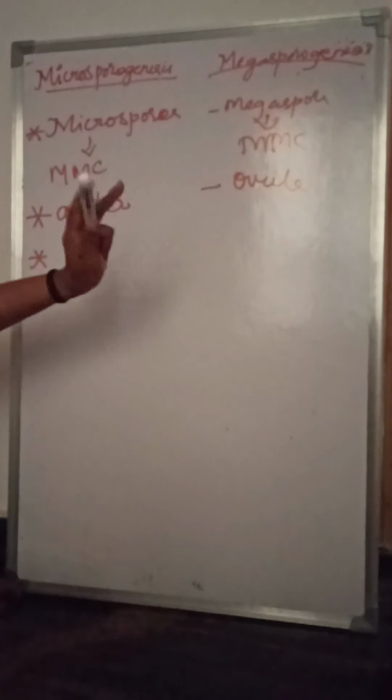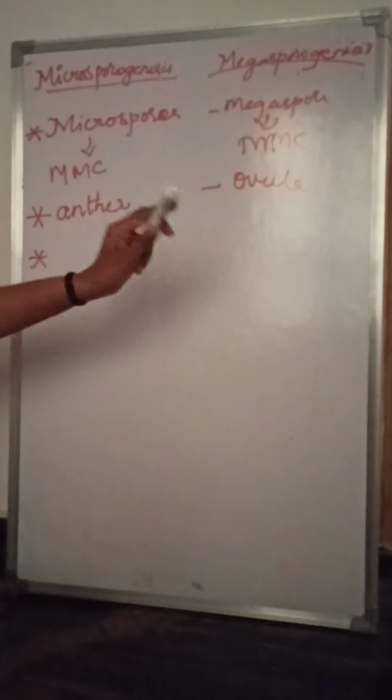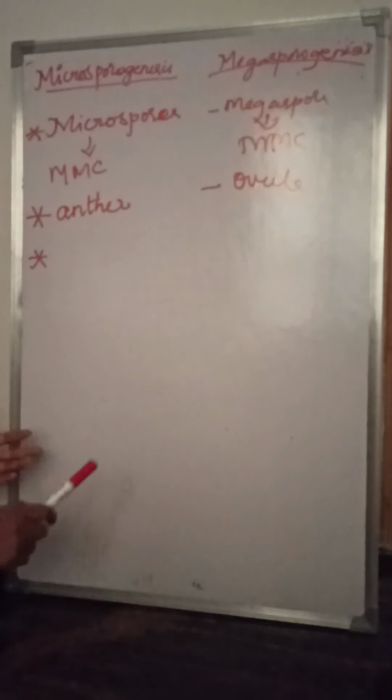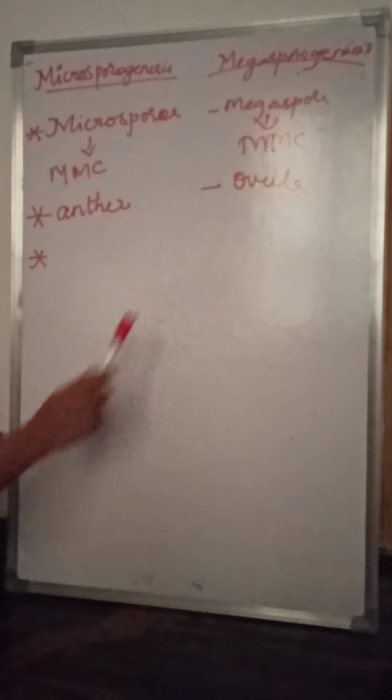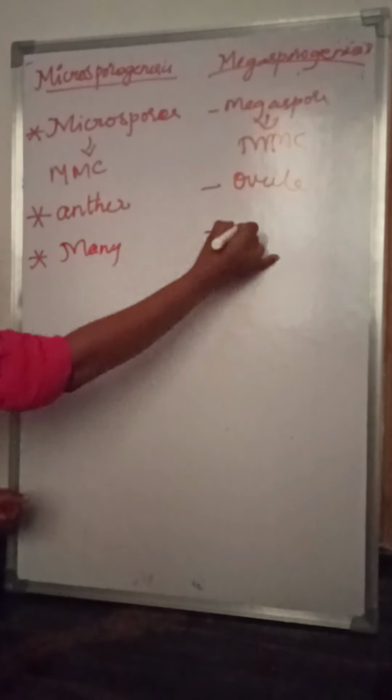Here only one megaspore mother cell is differentiated. As I was saying while explaining megasporogenesis, only one megaspore mother cell is differentiated, whereas many microspore mother cells are differentiated.